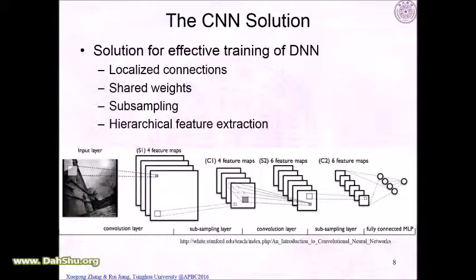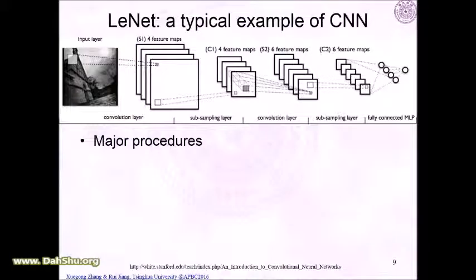And they use sampling also to reduce the number of weights and to introduce hierarchical feature extraction. I will explain what these ideas mean. This is the typical architecture of the CNN. The most famous CNN, also the earliest CNN, is named LeNet.